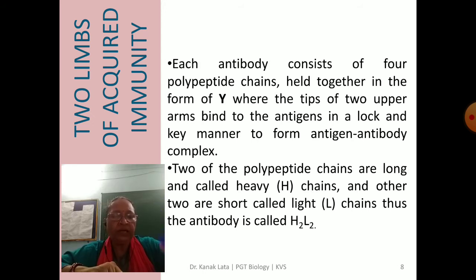Two polypeptide chains are long and are called heavy chains, denoted by H. The other two are short, called light chains, denoted by L. So an antibody is represented by H2L2, because it has two heavy chains and two light chains.